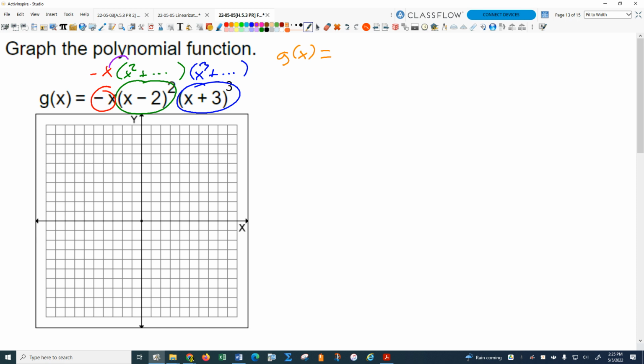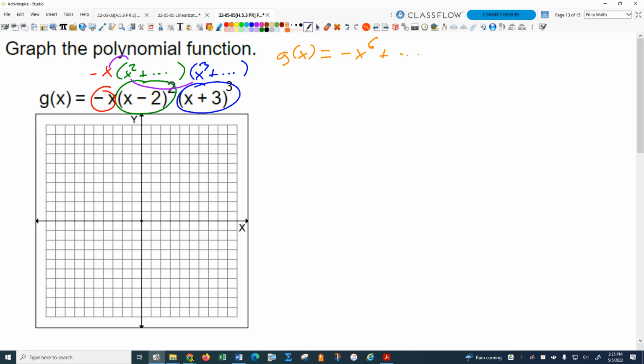Well, negative x cubed. Take that answer and multiply it by x cubed, and what do I get? Negative x cubed times x cubed is what? Negative x to the 6th, right? Plus a bunch of other junk.